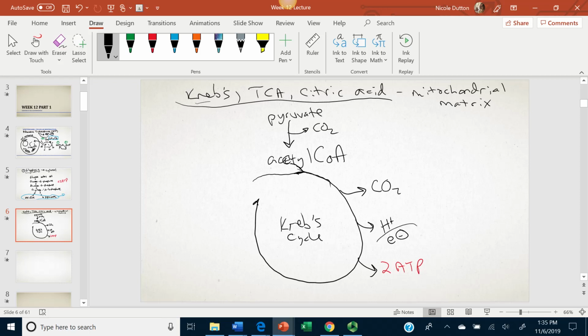Now these electrons are transported to the next step along the way through 2 electron transporters, NAD, which carries 1 hydrogen, and FAD, which carries 2 hydrogen. And these hydrogen protons are left behind in order to build up a gradient.